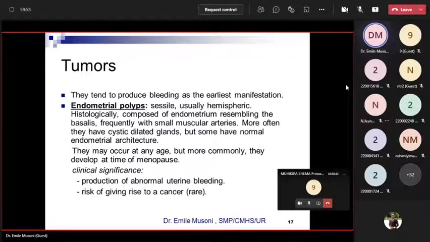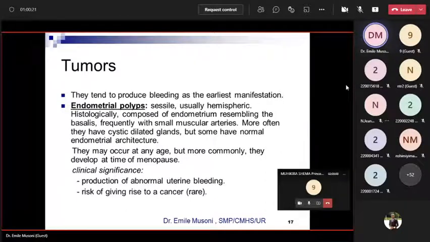Another tumor is the endometrial polyp. It is like what we have seen on the cervix. For this one, they may occur at any age, but more commonly they develop at the time of menopause. In clinical significance, there is production of abnormal uterine bleeding.